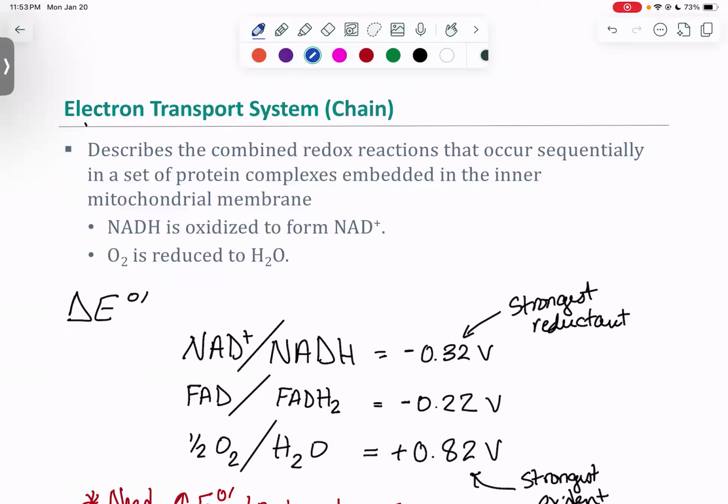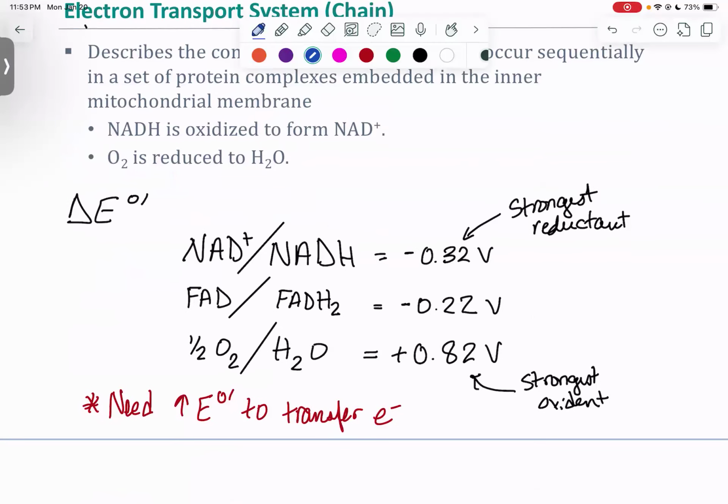Remember, we looked at that table of all of our standard reduction potentials, right? And so we know that NAD+ going to NADH is our strongest reductant. So this is going to pick up those electrons pretty easily and keep passing them and passing them.